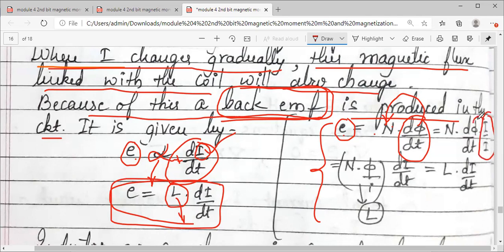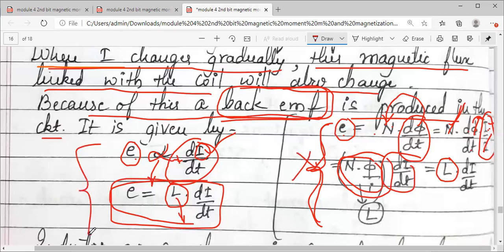Then I'm exchanging these two things, keeping N phi by I, there is N, there is phi, there is I, all together on one side, remaining di by dt outside. I am calling all this N phi by I together L. We will be using this later in the inductance concept, but let's not bother about this for now.